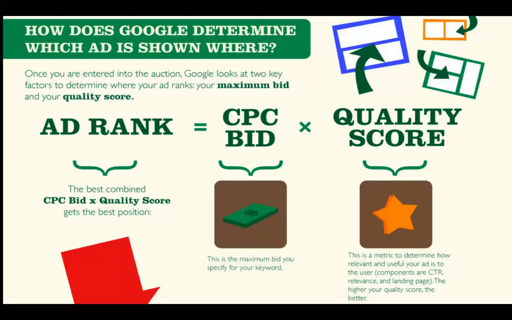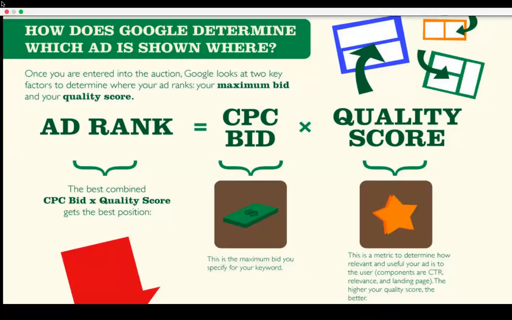For example, I can have my application, but at least I have like 20 people who have given 5 stars. That's the ad rank. So Google is going to do the best combined click.